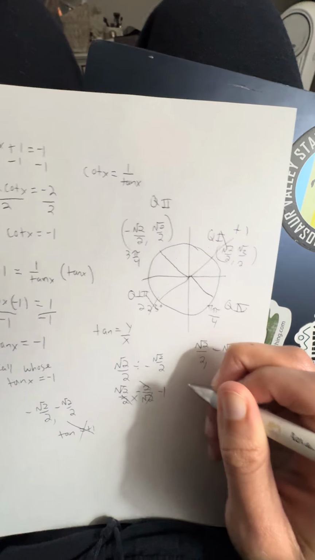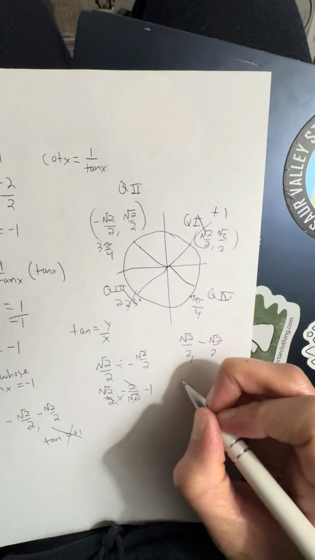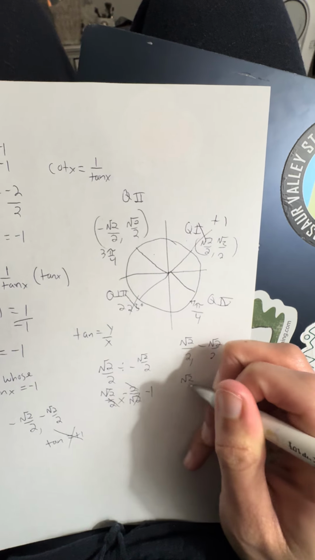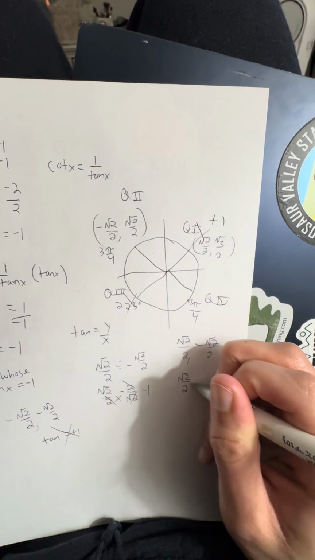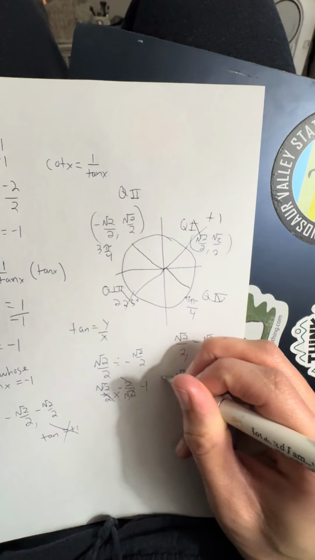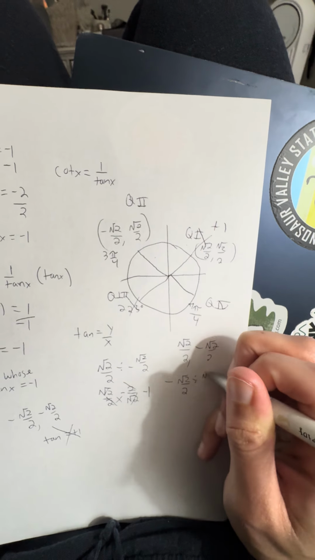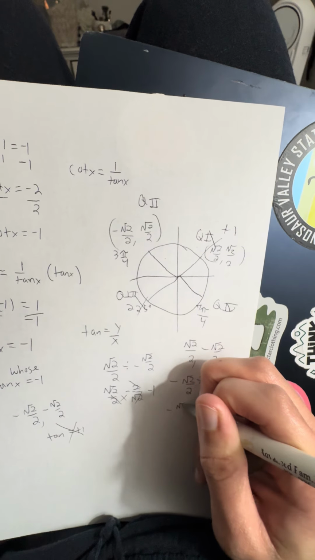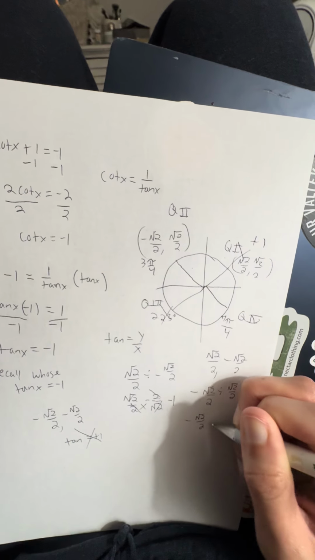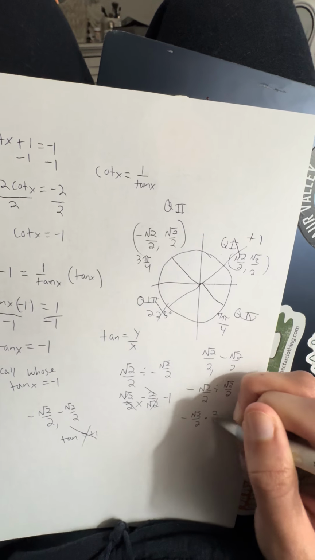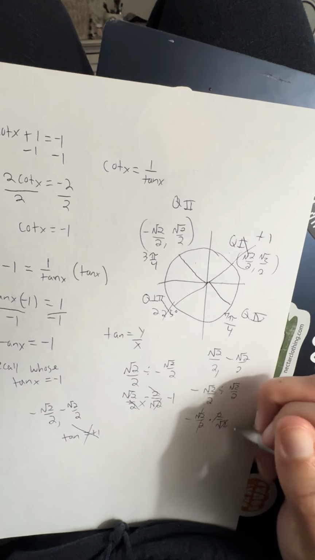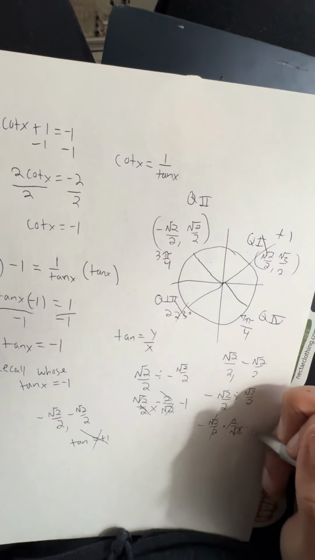When you perform your tangent, you're going to have negative root 2 over 2 divided by root 2 over 2. Perform the reflipical, root 2 over 2 times 2 over root 2, and cancel out those terms, you get negative 1.